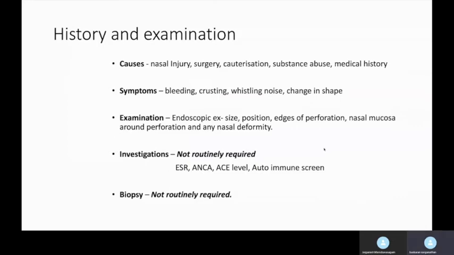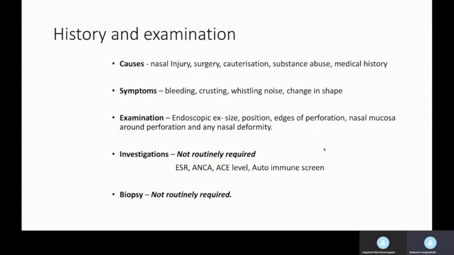The patients are going to mainly present with symptoms of crusting and bleeding, and if it's a small septal perforation, they may have a whistling noise, which others can hear, especially at night time. And if the perforation is large, it can start altering the shape of the nose. Commonly, they can get a saddle-shaped nose.